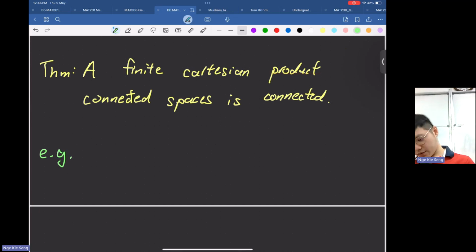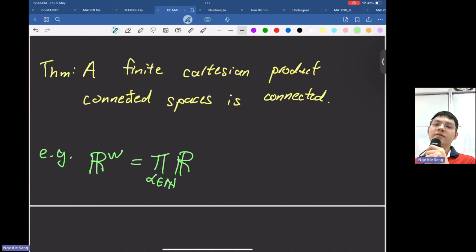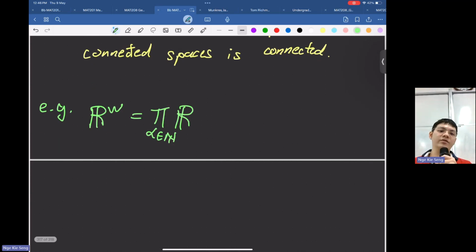Let's take an example of R omega again. What is R omega? You just take the Cartesian product of R denumerably many times. If I want to say that this is not connected, I need to build a separation. So how to build a separation here?